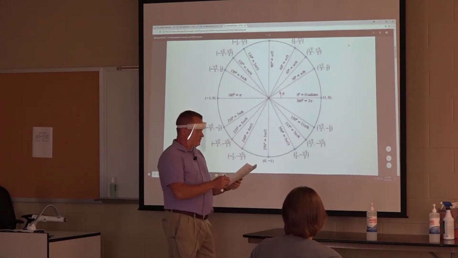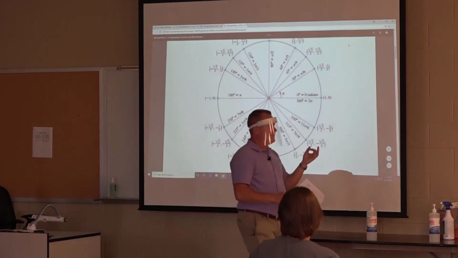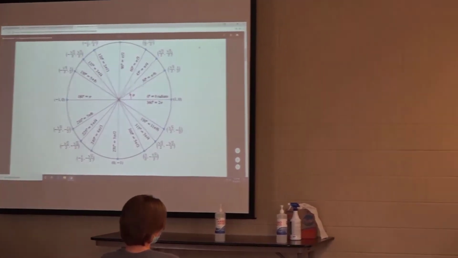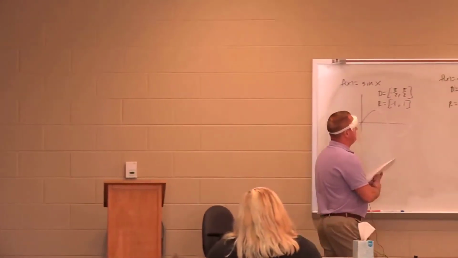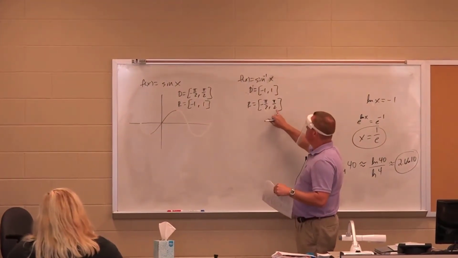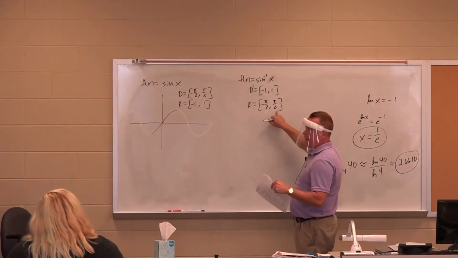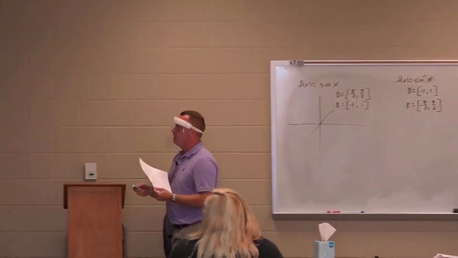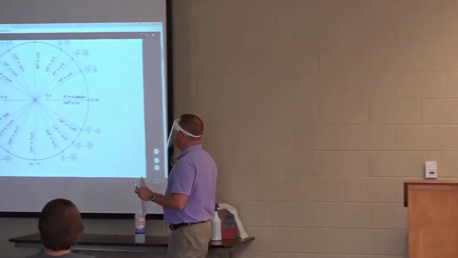And so inverse sine, cosine, tangent definitely are restricted a certain way. Now, inverse cosine is going to be restricted from 0 to pi. We'll look at that in just a minute. But notice cosine is the x value.